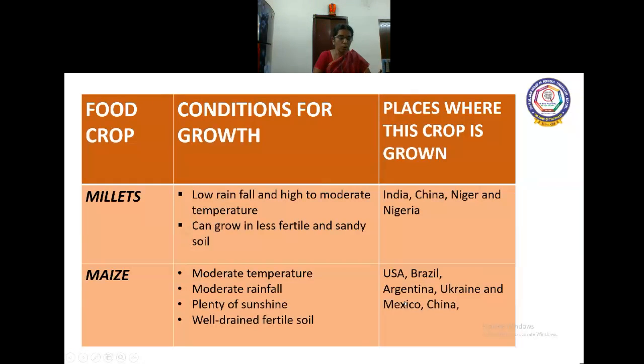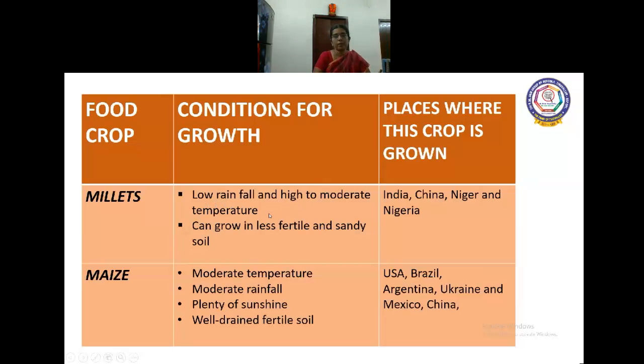And when we move on to millets, so millets are coarse grains or small seeded grains. For example, we can say ragi, jowar and bajra. The conditions for growth of these millets are low rainfall and high to moderate temperature.